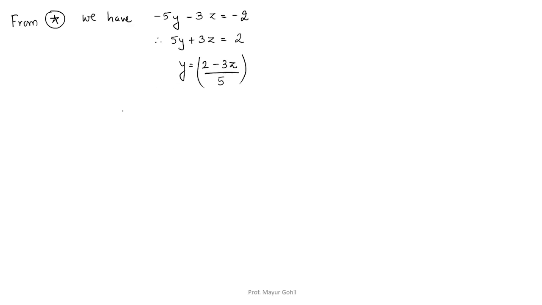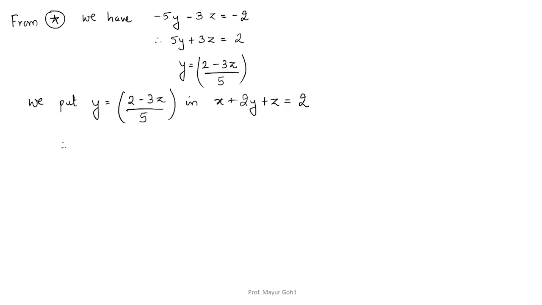Now we put this value, y equal to 2 minus 3z over 5, in the other equation which was there in star, that is in x plus 2y plus z is equals to 2.